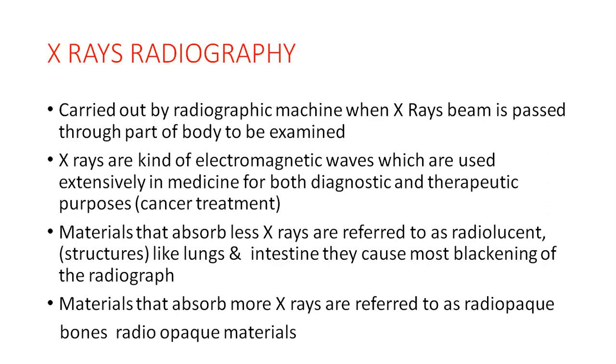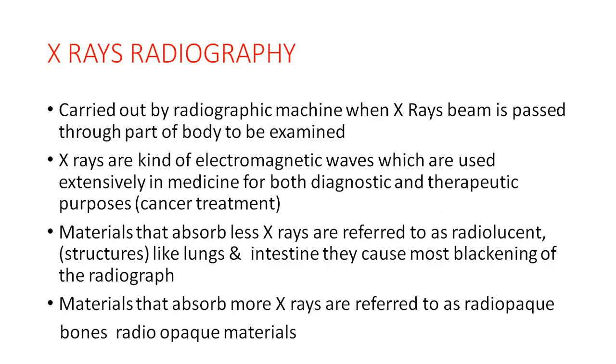The materials that absorb less X-rays are referred to as radiolucent because the rays can easily penetrate these structures, like lungs and intestine. They cause most blackening of the radiographs. And second thing is that the materials that absorb more X-rays are referred to as radio opaque.